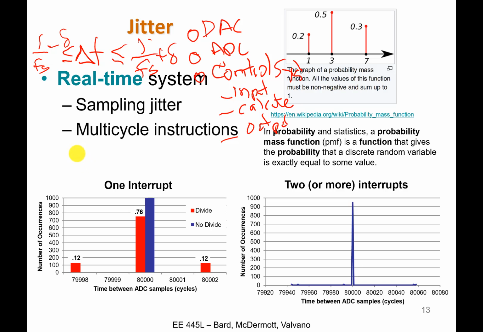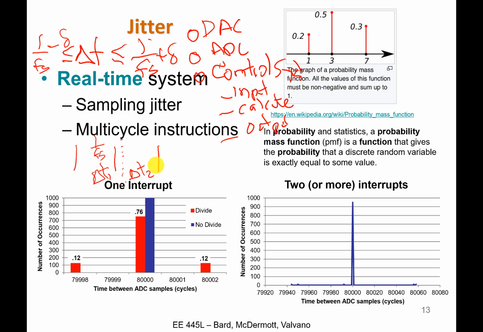So again, I'm getting an interrupt, and they should be exactly 1 over fs. But if the interrupt is delayed, then this delta t1 will be large, and this delta t2 will be small.